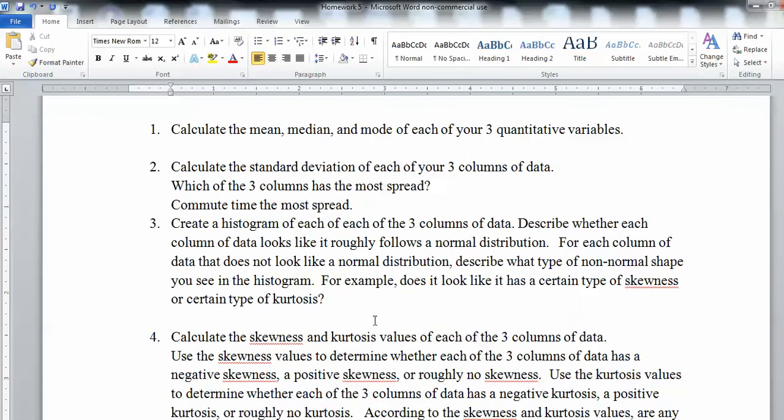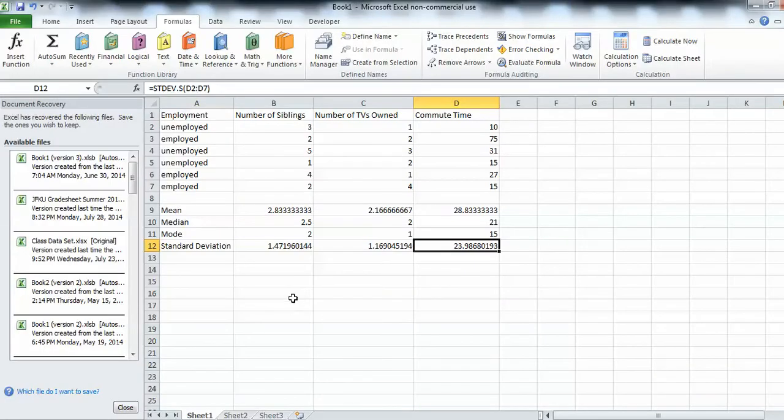This says create a histogram of each of the 3 columns of data. So how would I do this? If you asked a question to which people would only give single-digit answers, like right here, number of siblings, people would probably only give me single-digit answers usually. Your histogram can just have whole numbers and not the class intervals like 20 to 29 and 30 to 39.